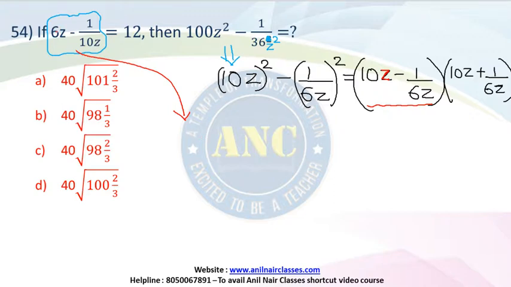Similarly, the 6 should be eliminated, so divide by 6 on both left and right hand side. That means I am multiplying by 10 by 6 on both sides, which you should not write out as I am doing now. You should calculate it in your mind and get the value straightaway.